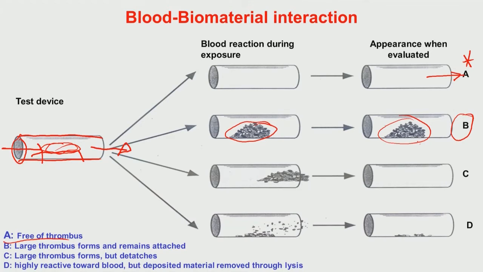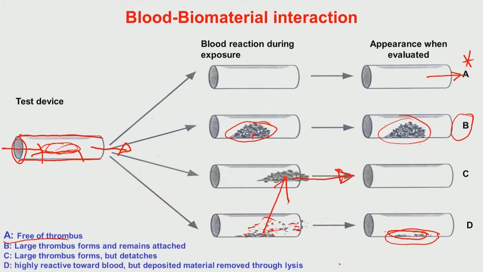The third one is that the thrombus may form, but it will be taken away along with the blood. In the fourth one, the thrombus will form, but it is not stable like this. However, there will be a lot of distributed, shredded thrombus. Some part of the thrombus will still get stuck after the entire blood flow is stopped, and then you can see some signs of thrombus formation.